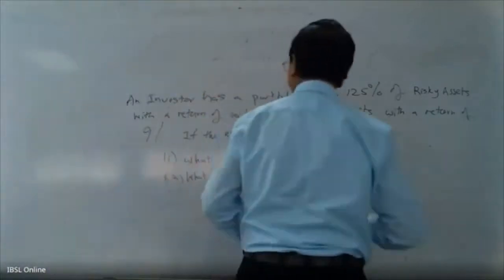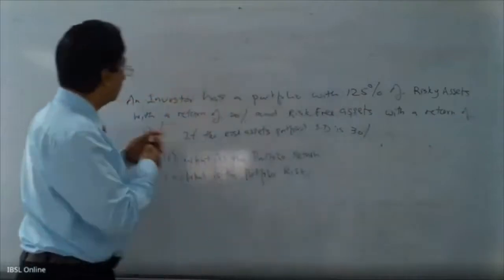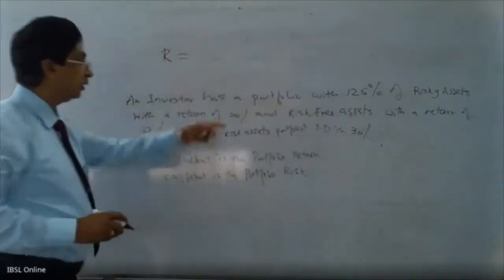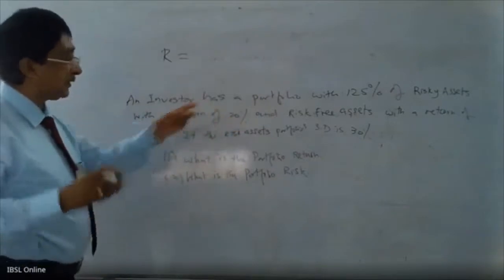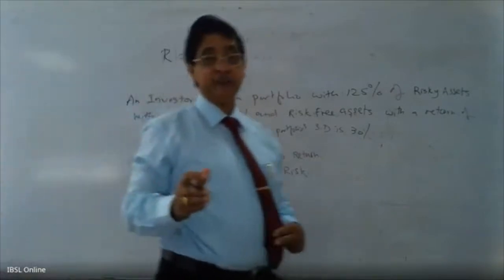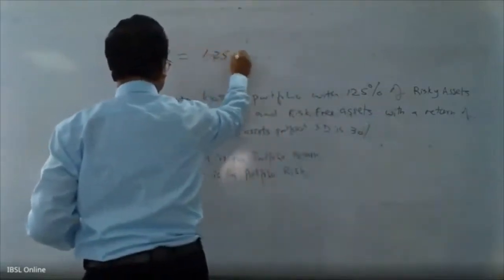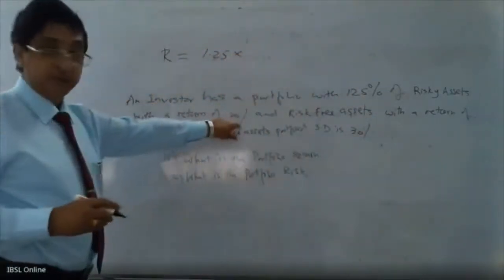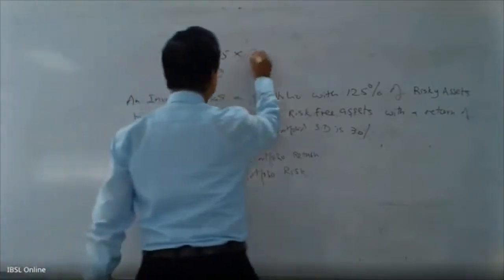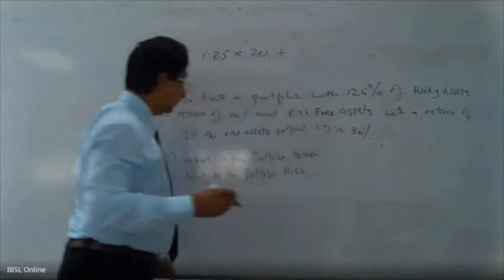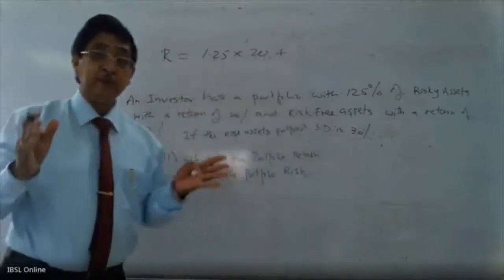Now just look at it. The return is equal to the risky assets weight, which is 125%, that is 1.25, into its return of 20%, so we can say 20. Then plus, what is the weight of risk-free assets?